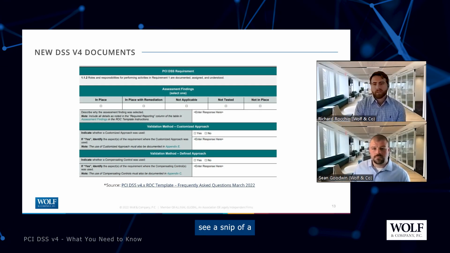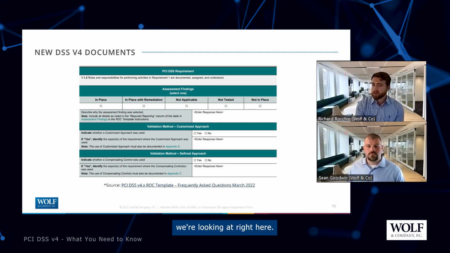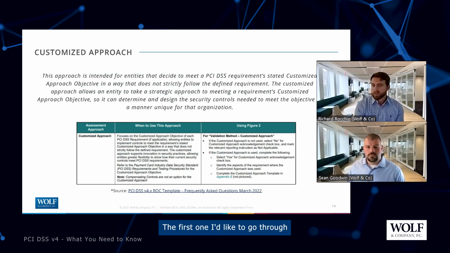Here you'll see a snip of a new requirement in the report on compliance. Now, all new PCI templates are on the PCI portal. We'd like to highlight the ROC specifically because there are some major changes we're looking at right here. The first one I'd like to go through is the customized approach.